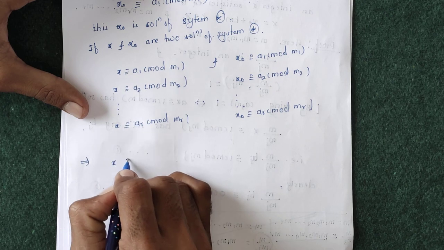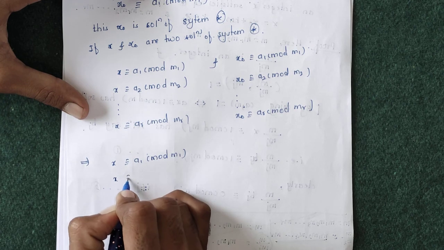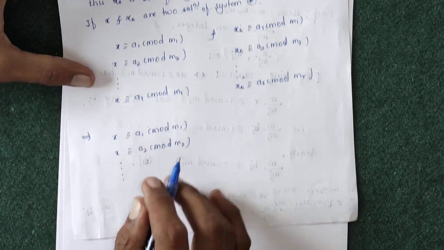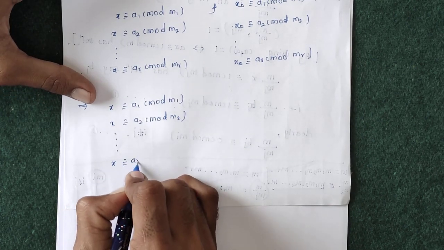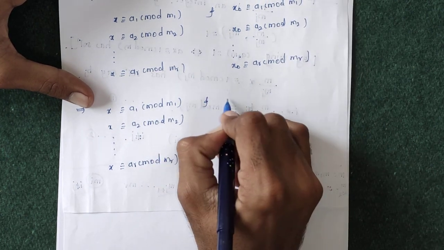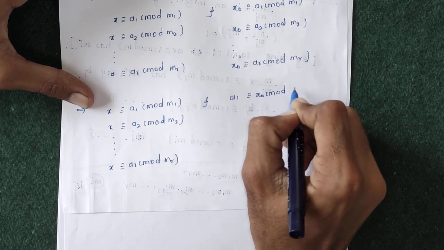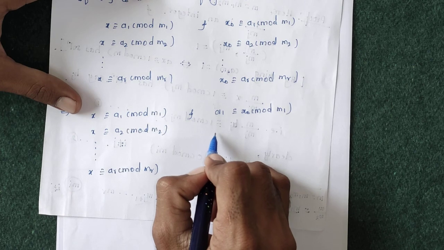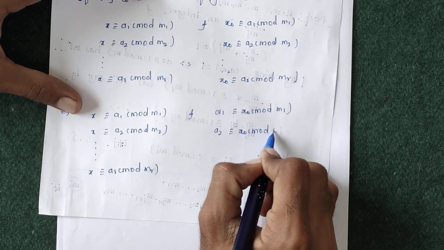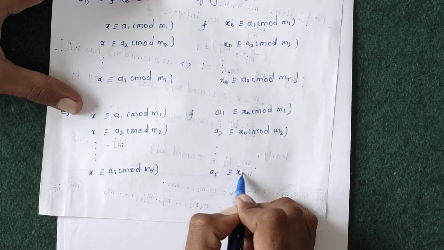So this implies x is congruent to a1 modulo m1, x is congruent to a2 modulo m2, up to x is congruent to ar modulo mr, and a1 is congruent to x naught modulo m1, a2 is congruent to x naught modulo m2, up to ar is congruent to x naught modulo mr.